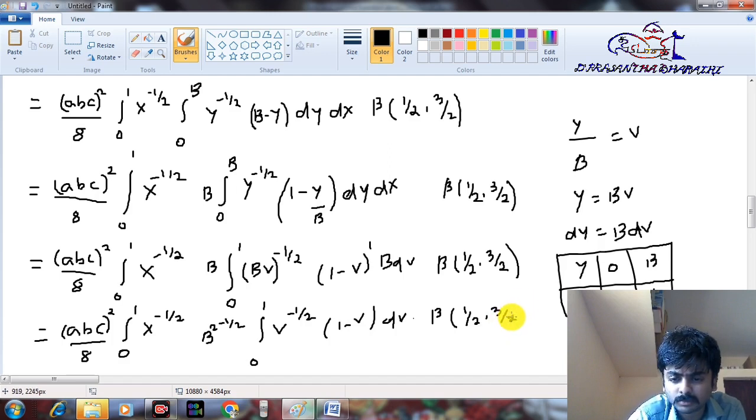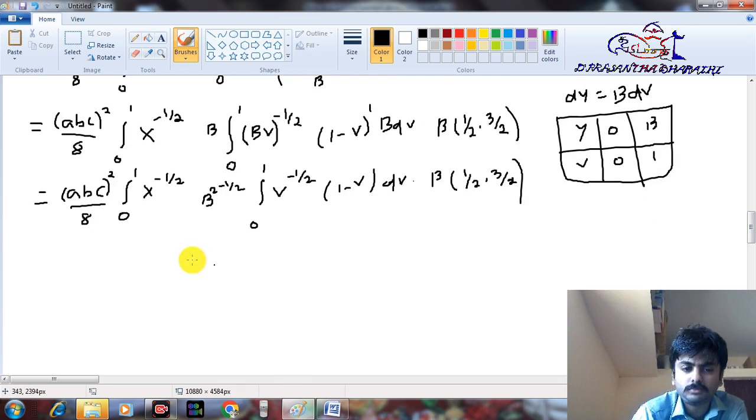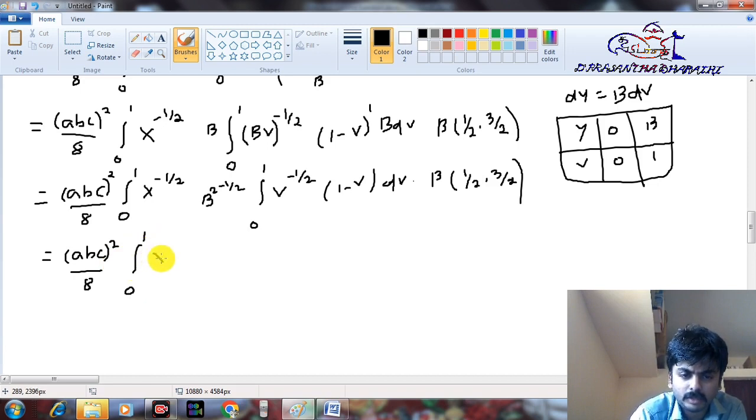Okay, 3 by 2. Now we are having (abc)² divided by 8 into integral 0 to 1 x power minus 1 by 2.